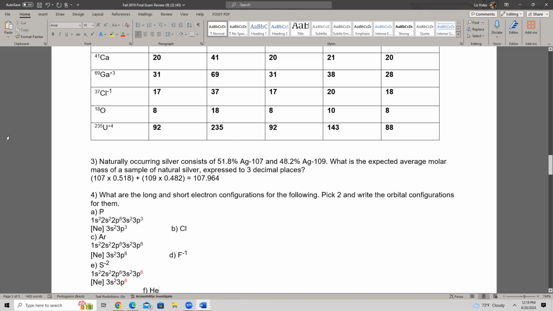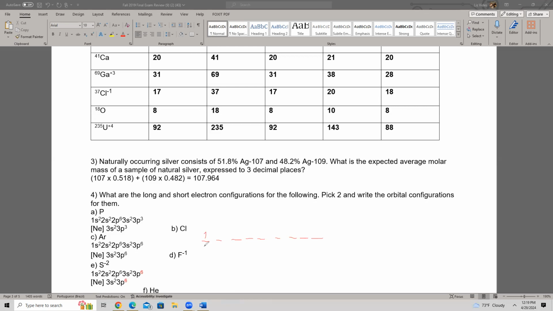Now for the phosphorus, I'm going to draw this, so bear with me. Okay, so this is our phosphorus atom.